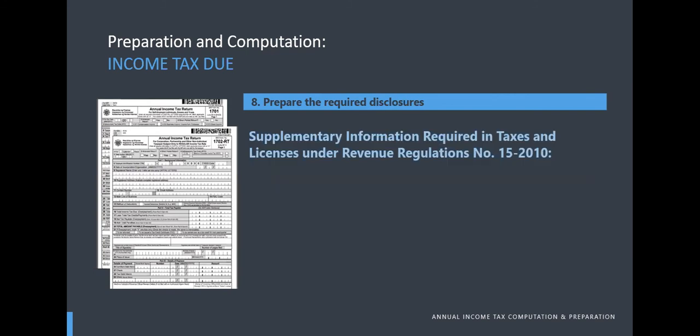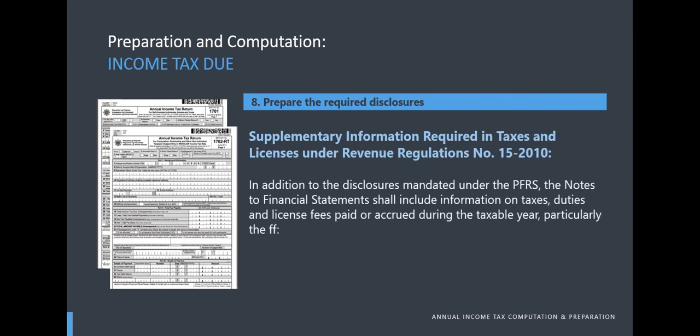In addition to the FS disclosures, the BIR requires all companies to disclose supplementary information on taxes and licenses under Revenue Regulations number 15-2010.